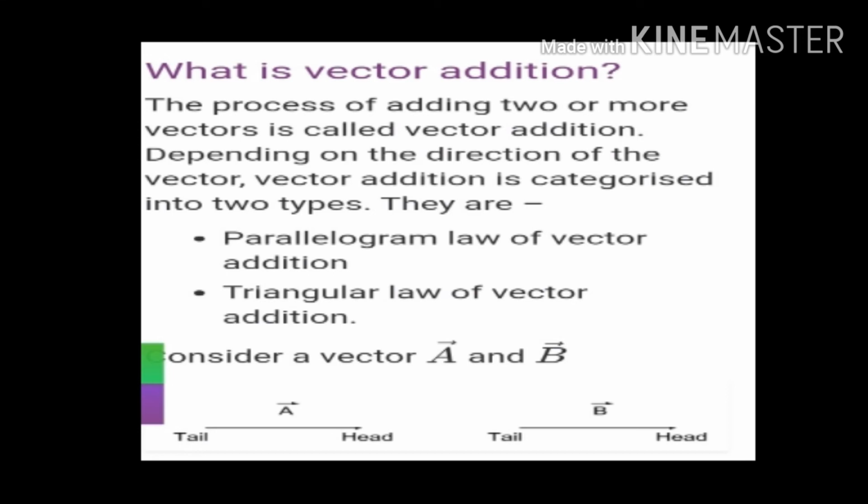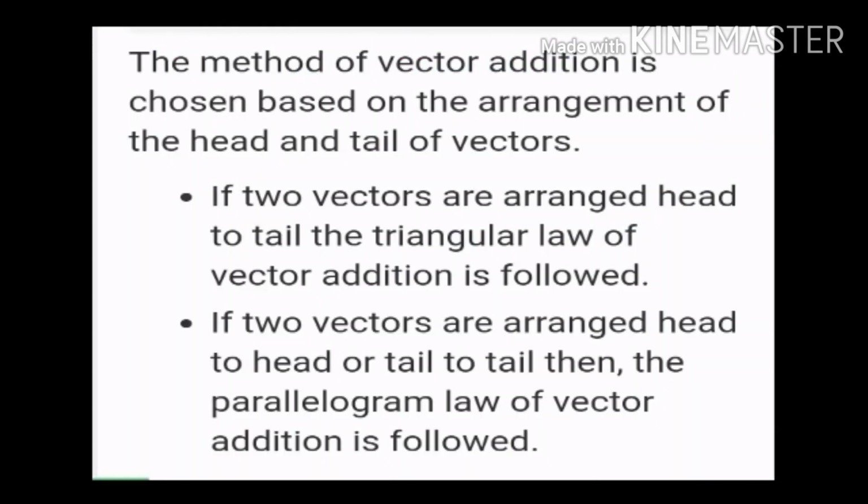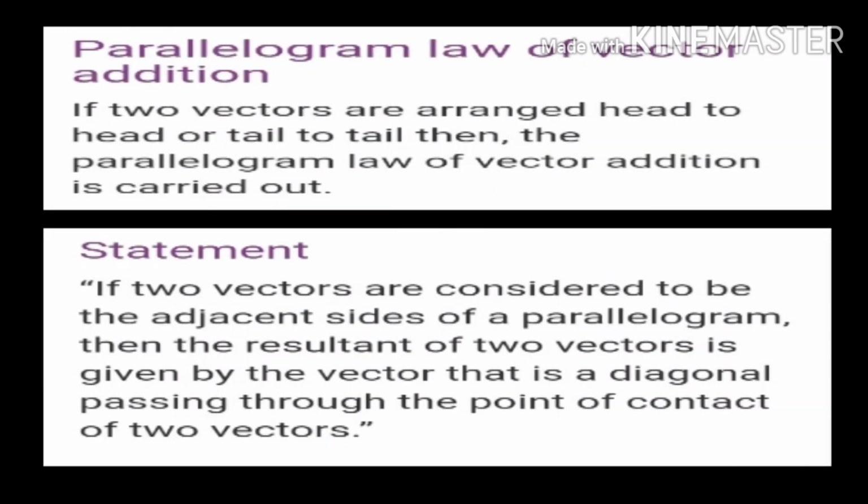So consider vectors A and B. The method of vector addition is chosen based on the arrangement of the head and tail of the vectors. If two vectors are arranged head to tail, the triangular law of vector addition is followed. And if two vectors are arranged head to head or tail to tail, then the parallelogram law of vector addition is followed. So first we will read about the parallelogram law of vector addition.